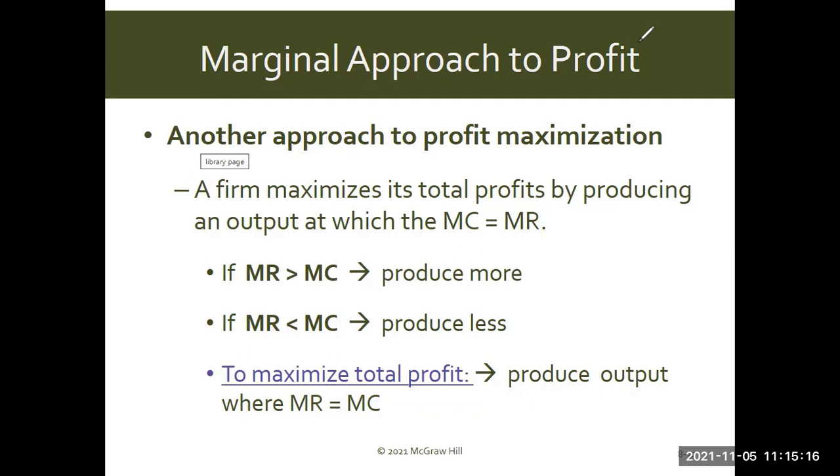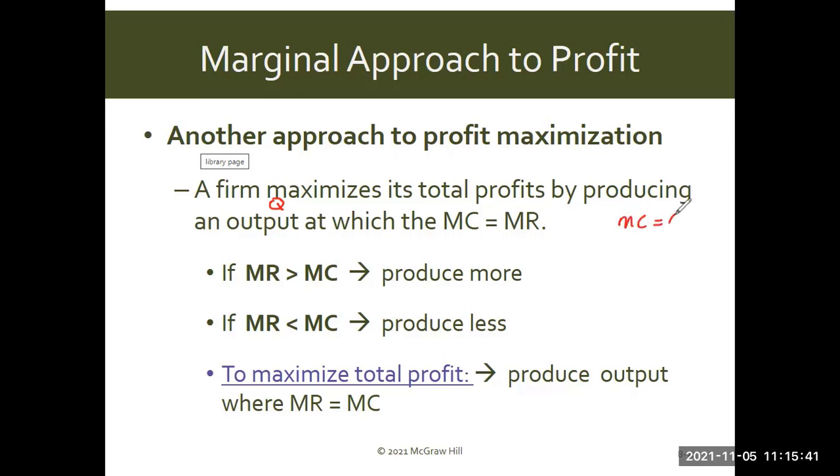So it's another approach to profit maximization, and we can just start out and state that a firm maximizes its total profits by producing an output or a quantity where the marginal cost just equals the marginal revenue. And we know from Chapter 6, marginal cost is the incremental cost to produce one more unit of output.